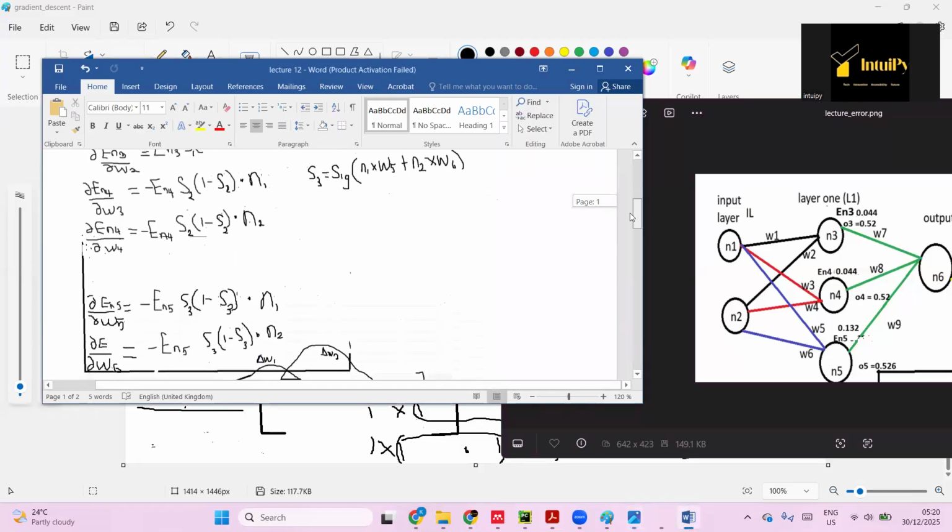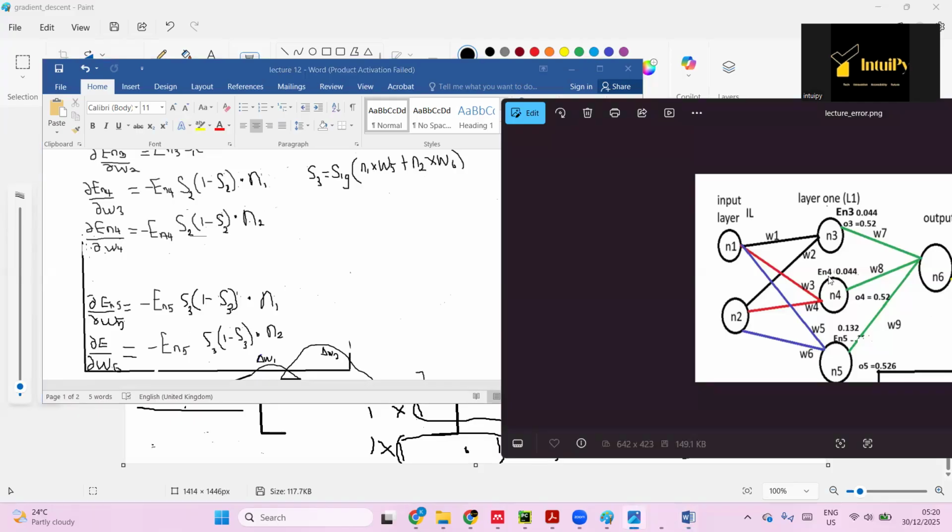And then the same thing goes for how much you need to adjust W3 such that error EN4 is reduced. See, that's error EN4. And then we're looking at W3. So W3 would also have to reckon with the error in front of it and also the output from that node, N1.